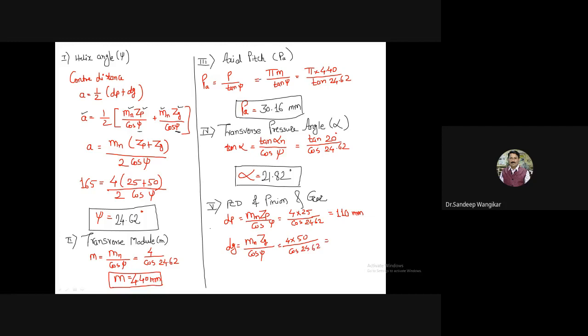Tell me the value first for dp and dg. 110.